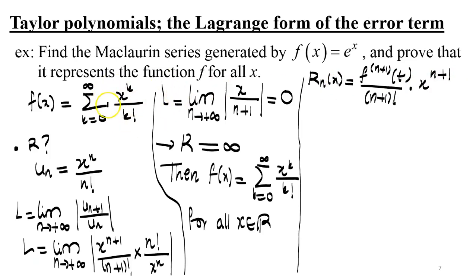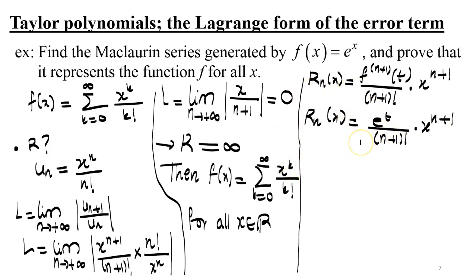Of course, over here, the Maclaurin series is a Taylor series centered at 0. So over here, we know that f of x is e^x, and the derivative of any order of e^x is e^x. So R_n of x would be equal to e^t over (n+1) factorial times x^(n+1).